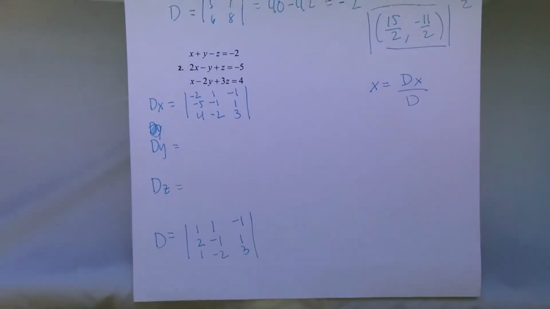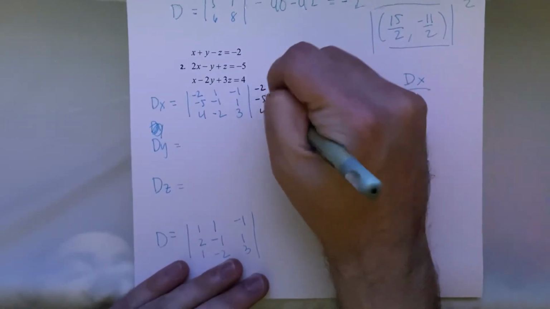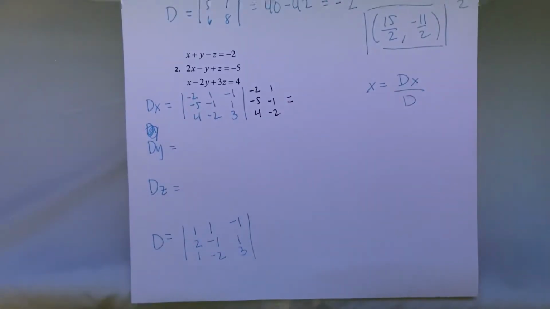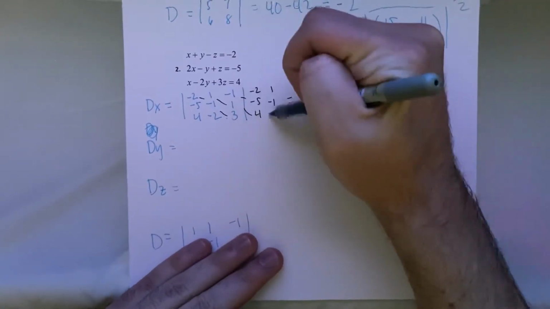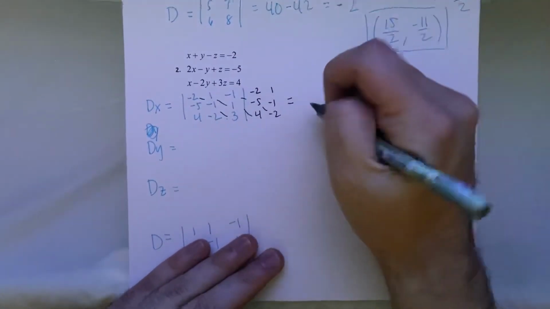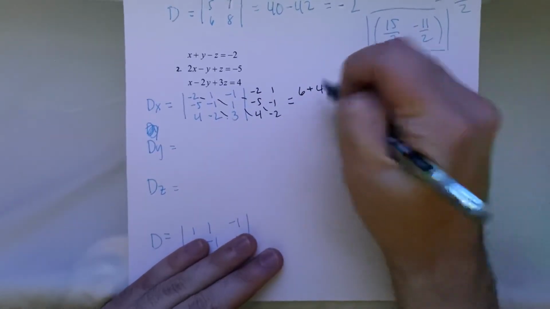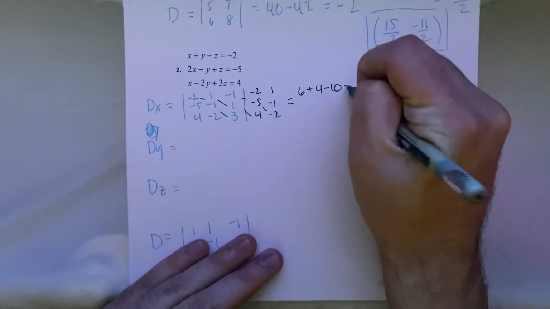Of course, we talked about the determinant of 3 by 3s. You write in the extra columns and do the diagonals. We add the left to right diagonals and subtract the right to left. Our left to right ones: negative 2 times negative 1 times 3 is 6, plus 1 times 1 times 4 is 4, negative 1 times negative 5 times negative 2 is negative 10, so this is 0.